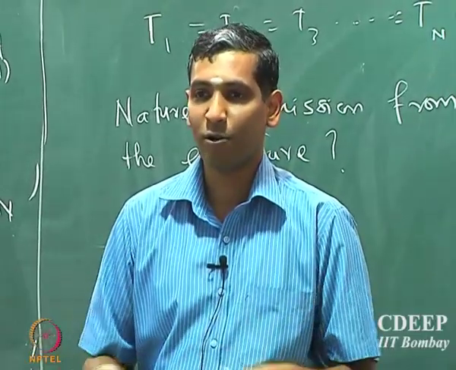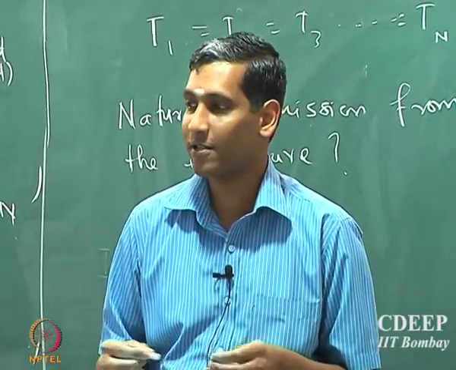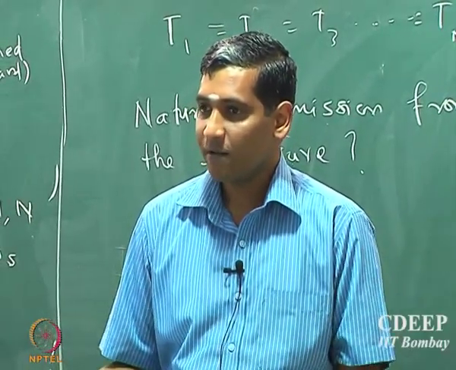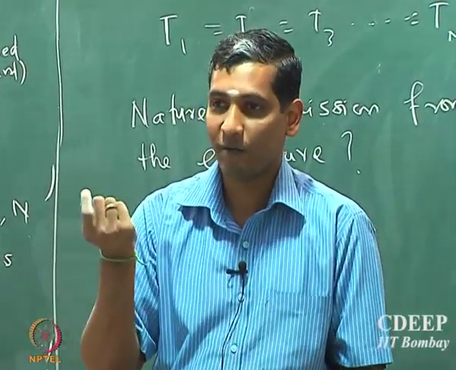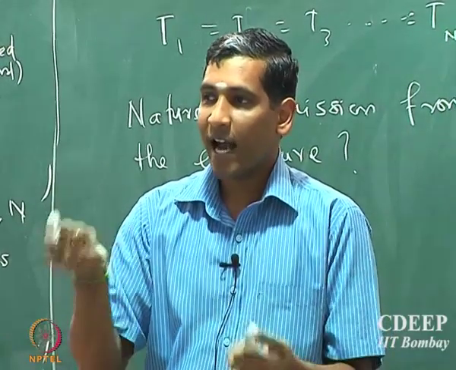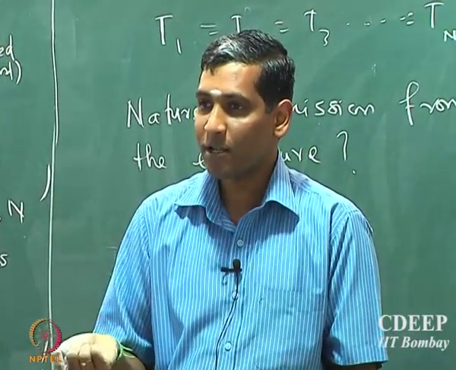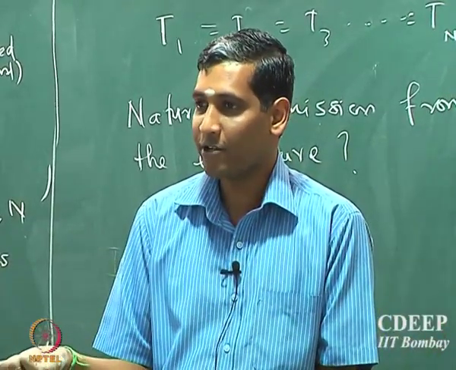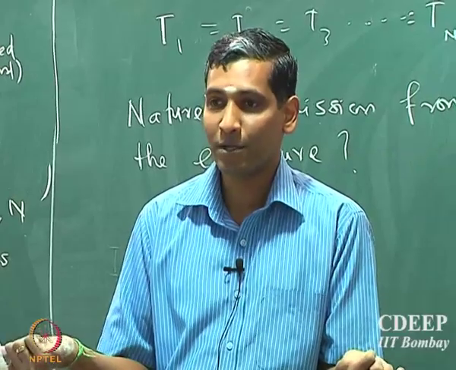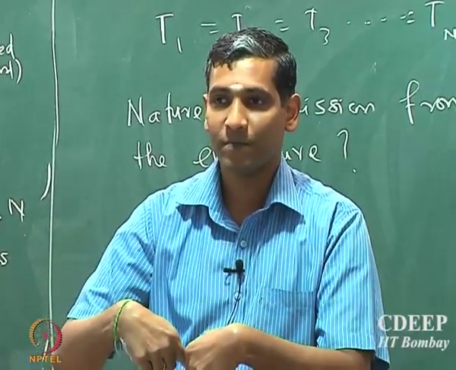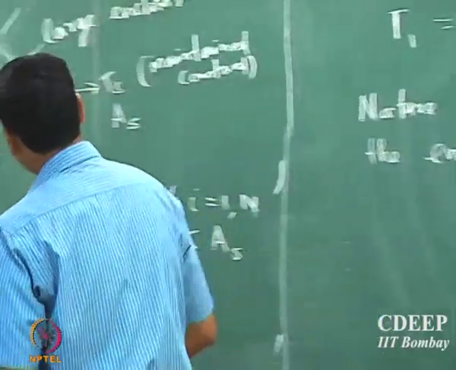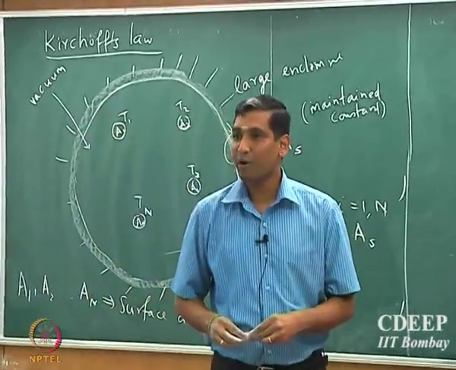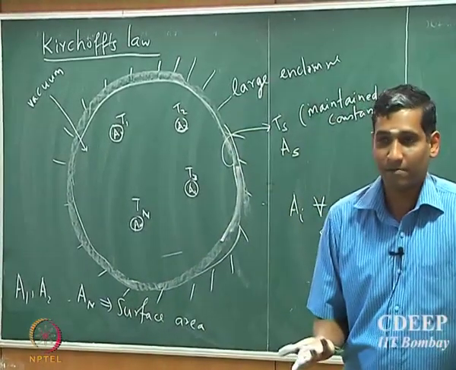What's the object which is closest to a blackbody approximation? You have a large enclosure with a small pinhole somewhere, and that body behaves like a blackbody because there is significant internal reflection of radiation, and so everything which comes in is kept inside. So this surface is very similar to the approximation that we made for a blackbody.